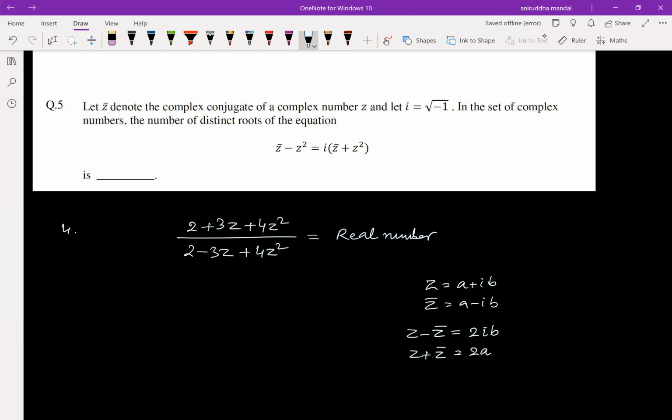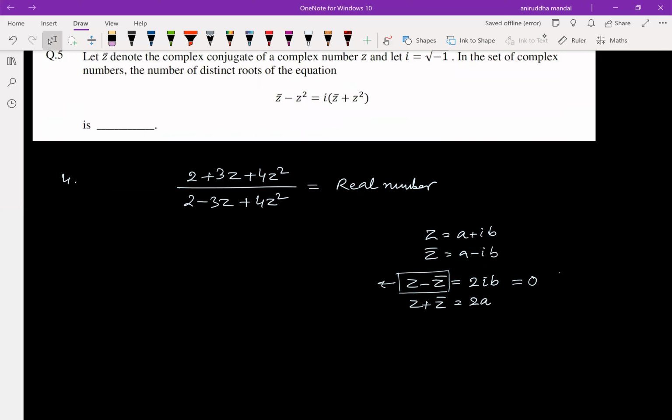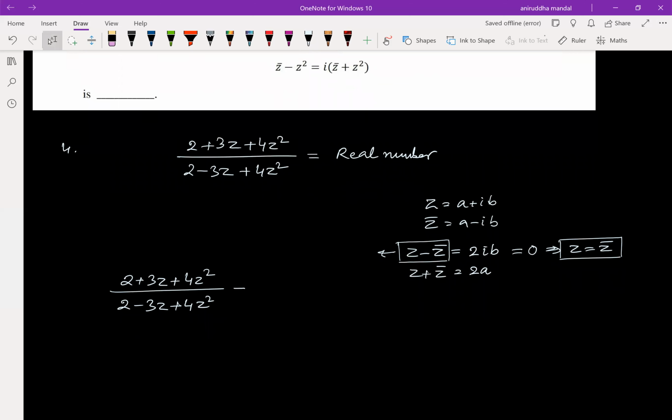If a number is purely real, then z equals z bar. So for z equal to z bar, the complex number z is a real number. This complete expression, (2 plus 3z plus 4z square) divided by (2 minus 3z plus 4z square), equals its conjugate, so taking the conjugate we get (2 plus 3z bar plus 4z bar square) over (2 minus 3z bar plus 4z bar square).